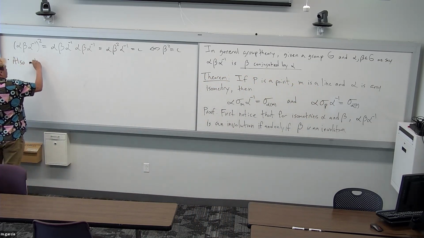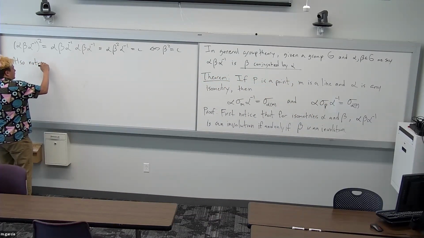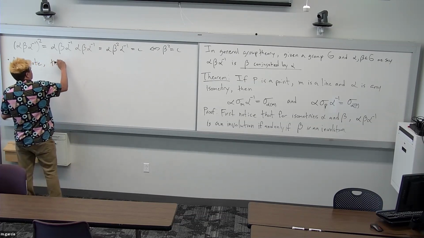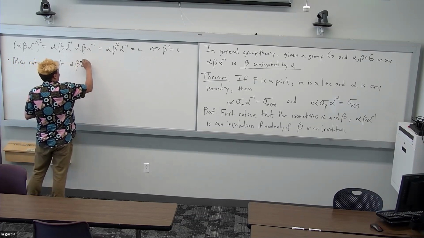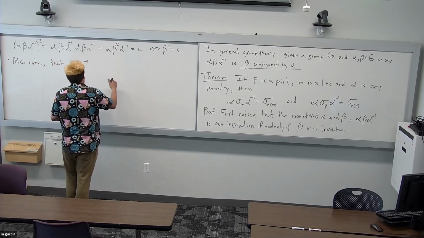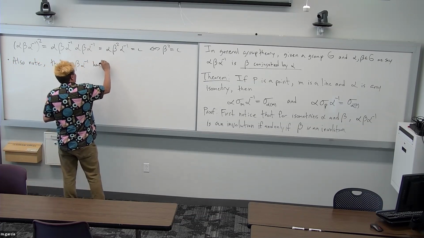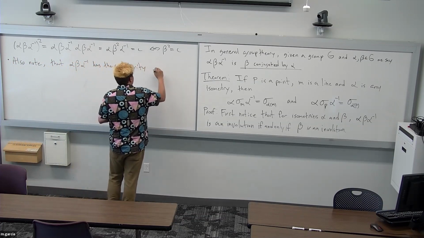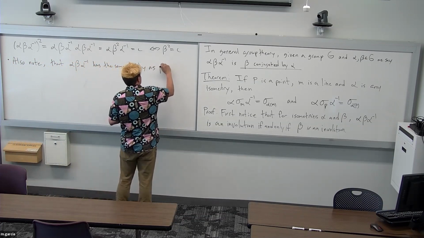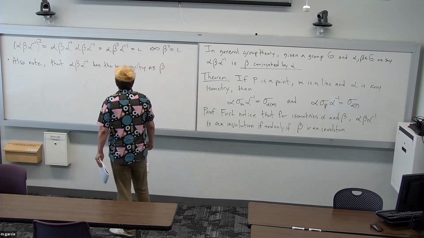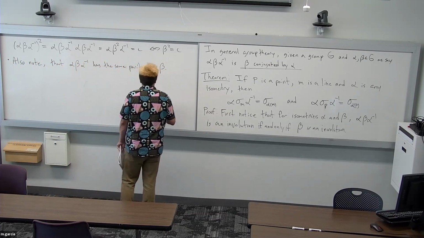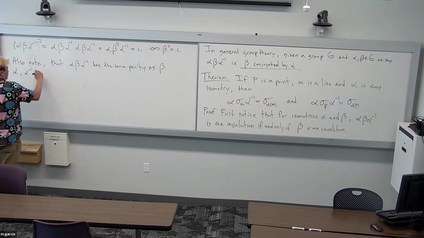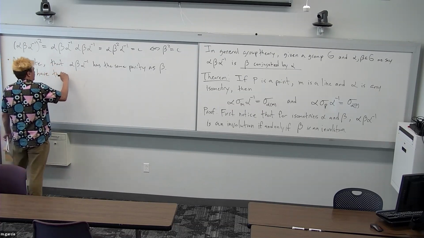So, also note that alpha beta alpha inverse, the conjugate of beta by alpha, has the same parity as beta. Right? And why is that? Well, it's because alpha and alpha inverse have the same parity.